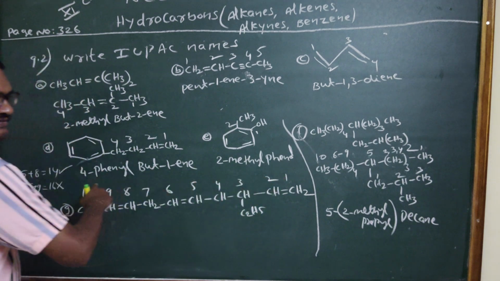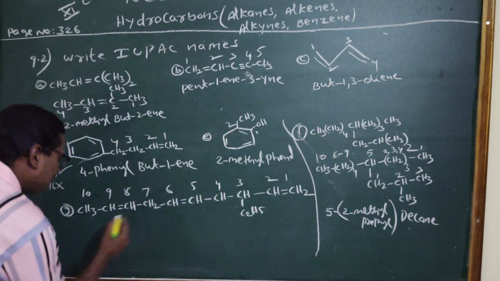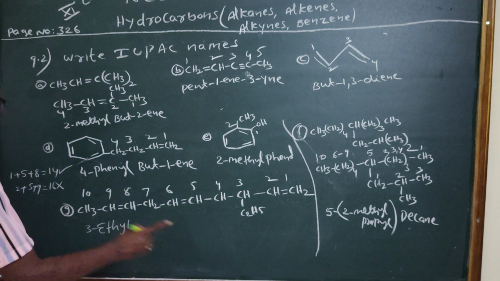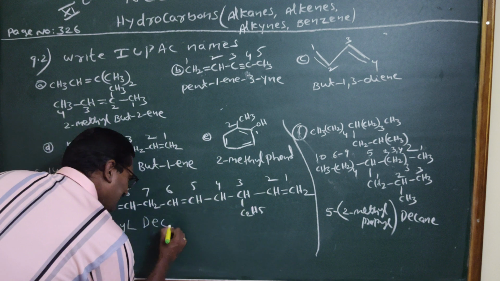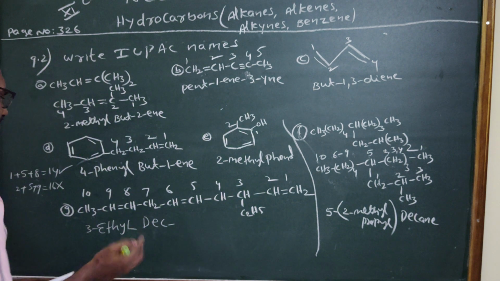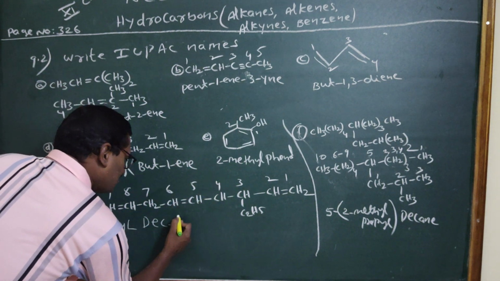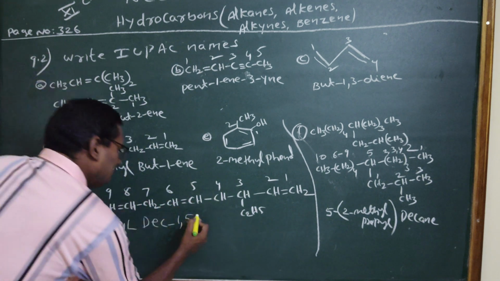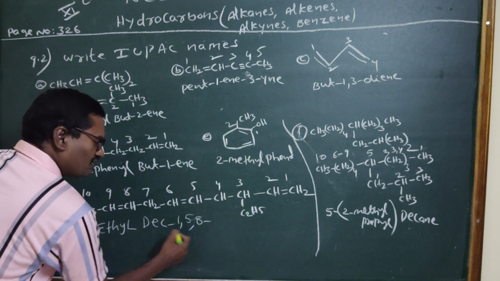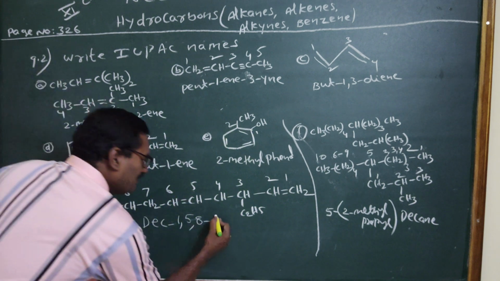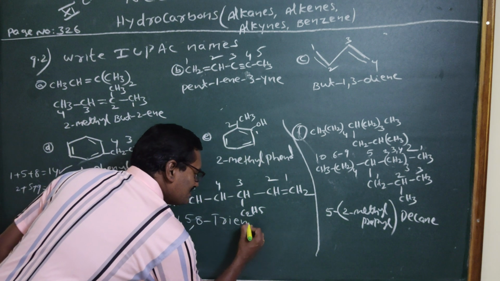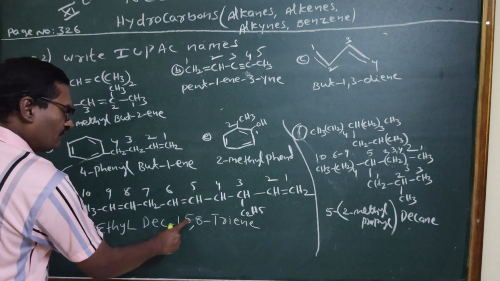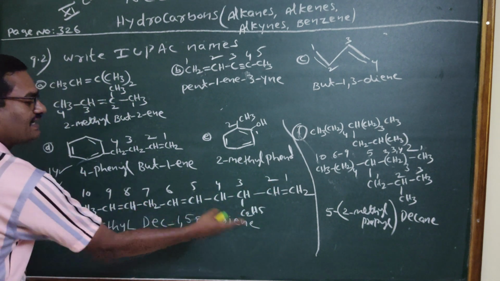Then we write the third place contains ethyl, 3-ethyl, totally 10 carbons, dec, and the first, fifth and 8th places, triene. So 3-ethyldeca-1,5,8-triene.